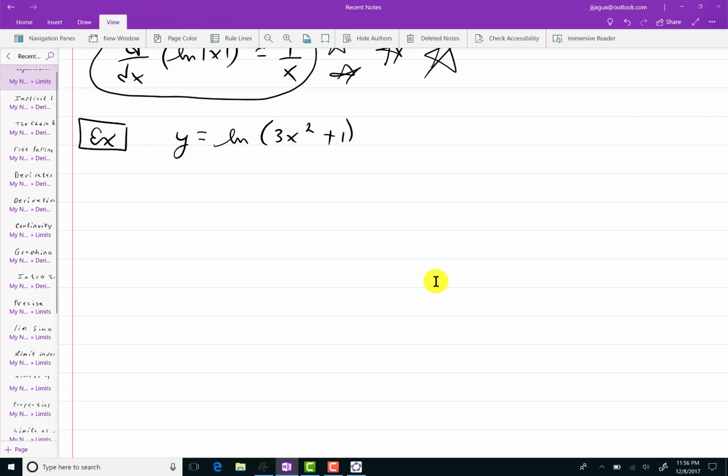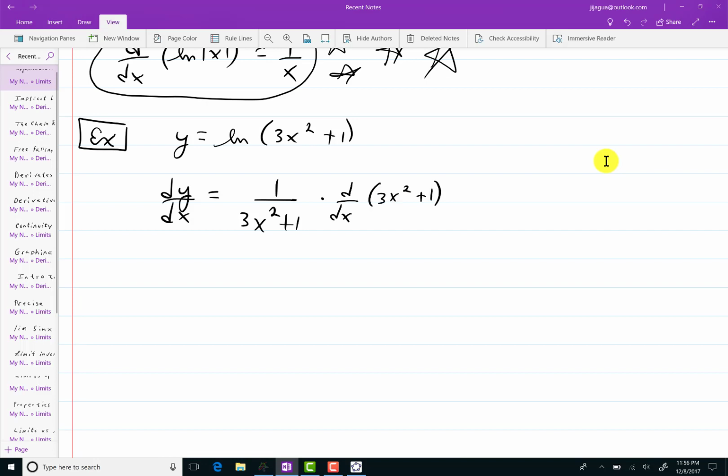Let's do y equals ln of 3x squared plus 1. When you take the derivative of y, first thing you do, since you're dealing with an ln function, is to take 1 over the stuff inside of the parentheses. So I'm going to take 1 over 3x squared plus 1. Now according to the chain rule, I have to take the derivative of the stuff that was inside the parentheses, the inner function. So I get the derivative with respect to x of 3x squared plus 1.